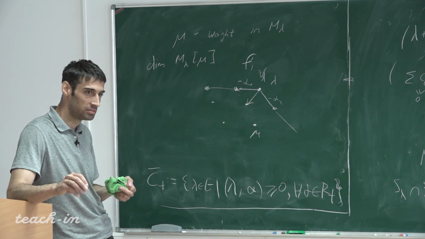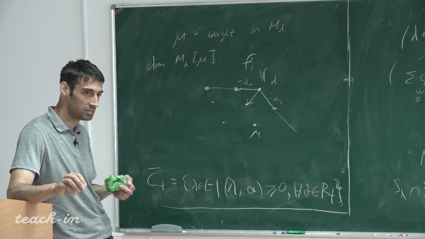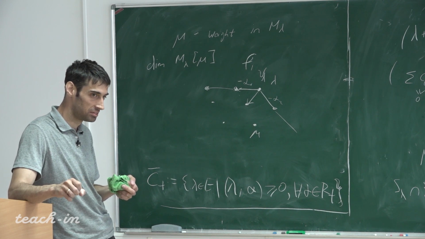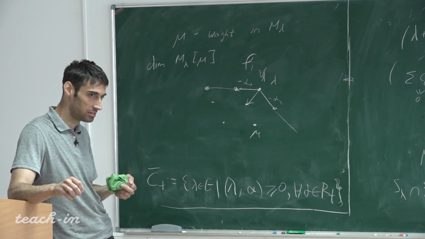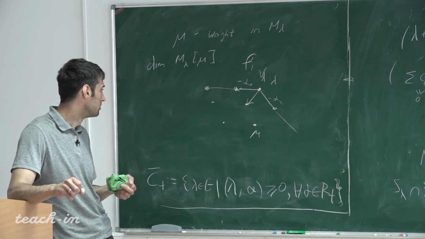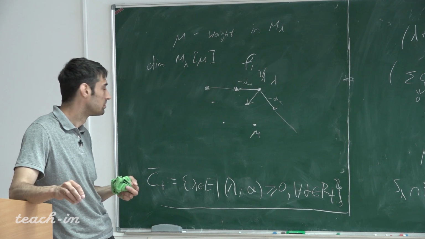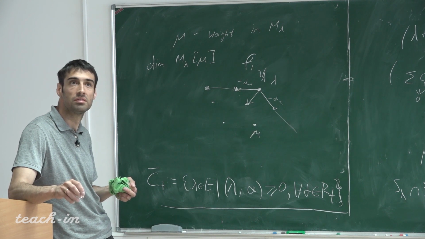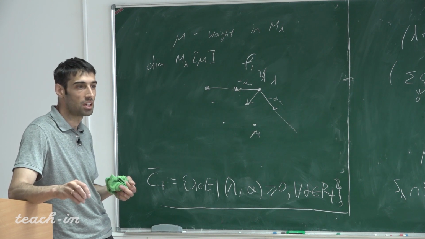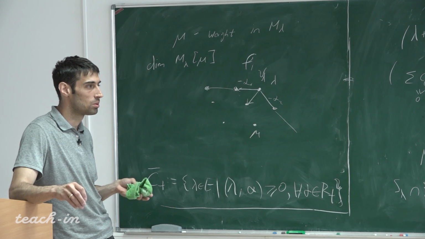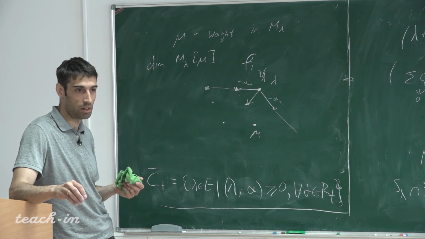Because everything generated by the singular vector and the action of f does not involve the operator e, so there's no cycle. Yeah, you can again use the notion of height.